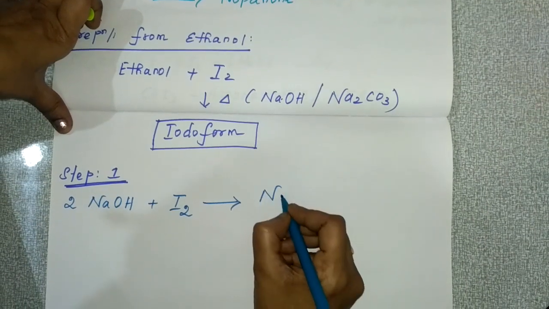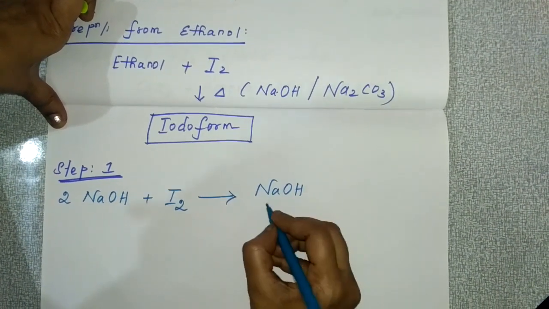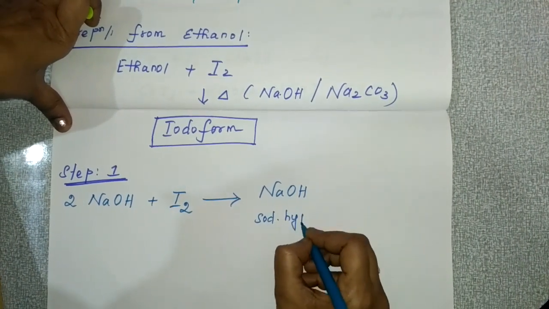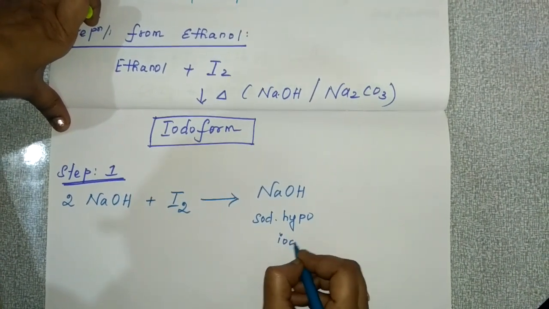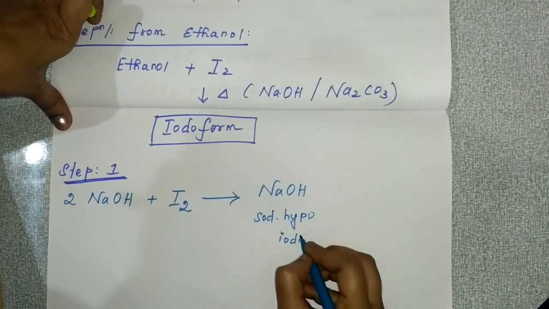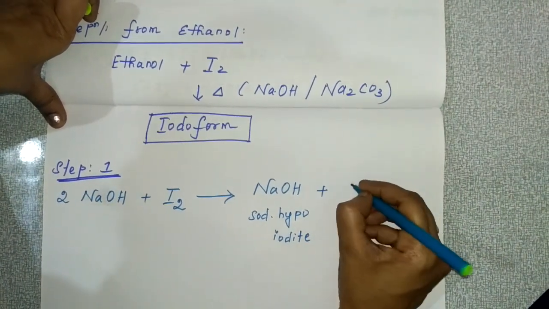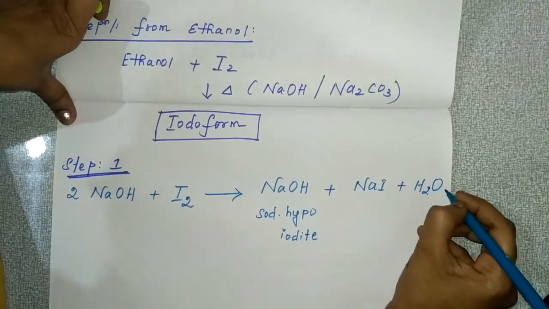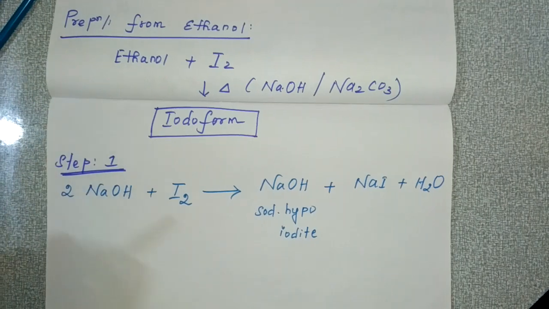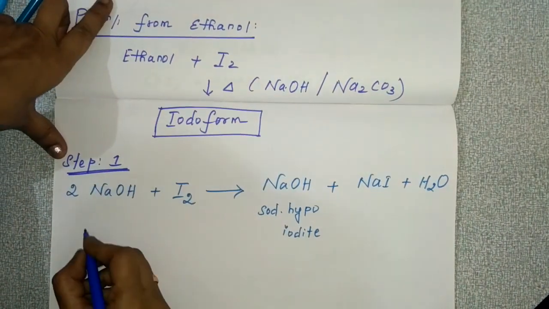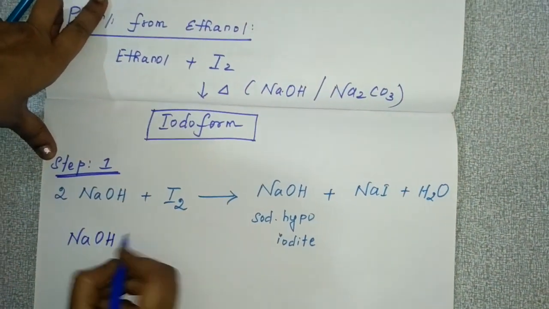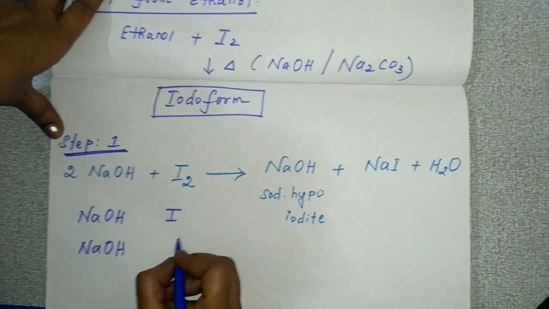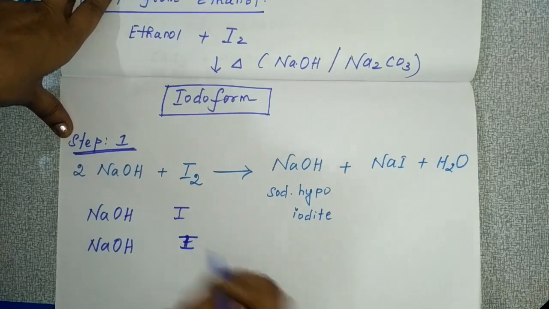Your product will be sodium hypoiodite with sodium iodide and water. I'll tell you how this sodium hypoiodite is formed. Listen, you're taking 2 molecules of sodium hydroxide and iodine.